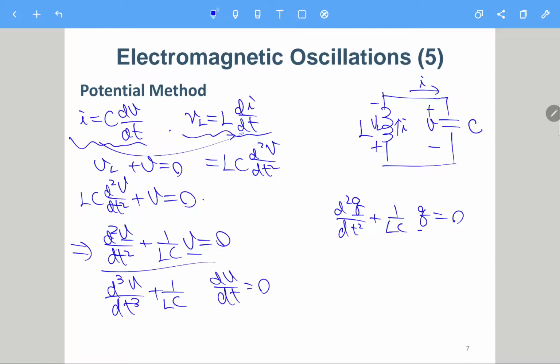And then you can just multiply it by C. Multiply by C here. So this one is I. This one is I.